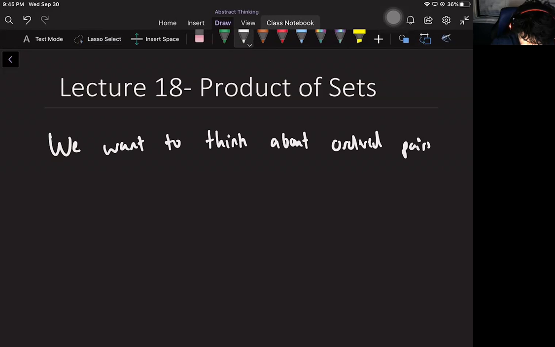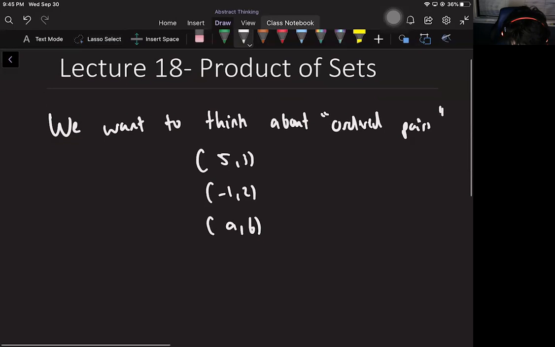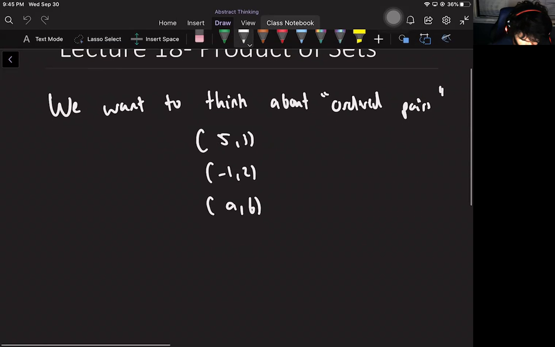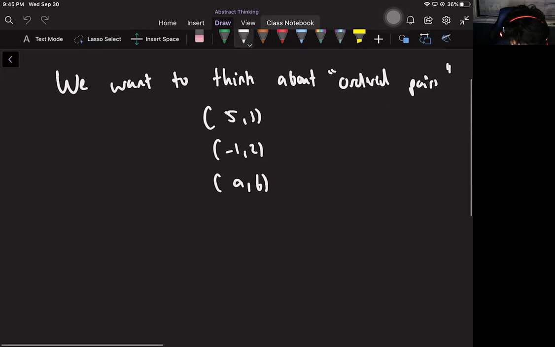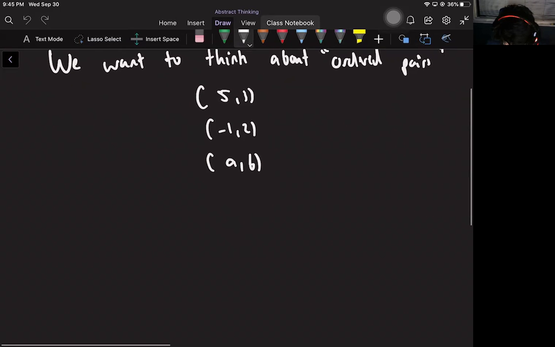Well, they're just pairs of numbers that you put in parentheses, like (5, 3), or (-1, 2), or you can just have letters or anything else. These are ordered pairs, but we want to think about them in terms of set theory, so we have to do some extra fancy stuff to make it work.